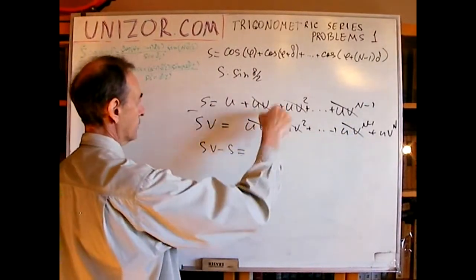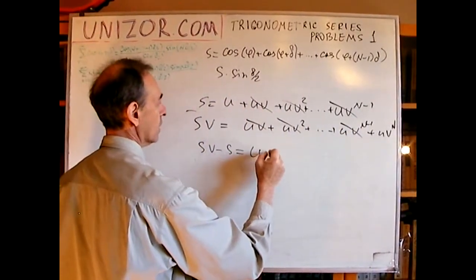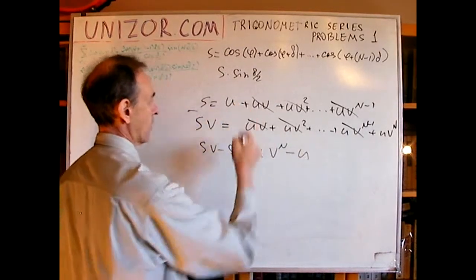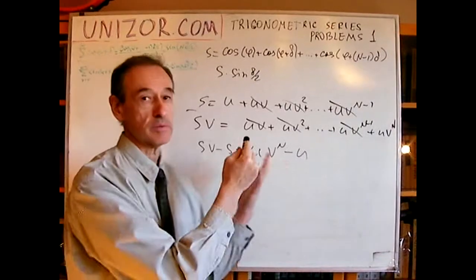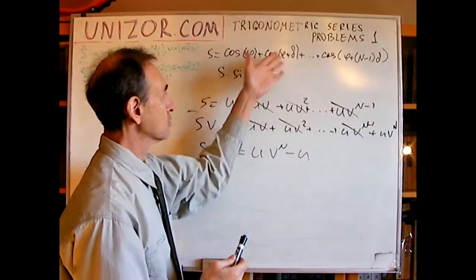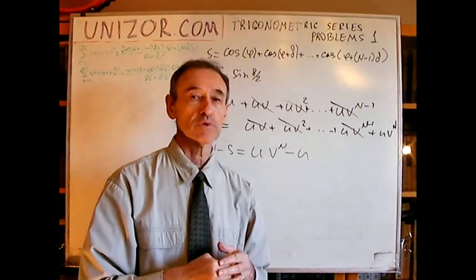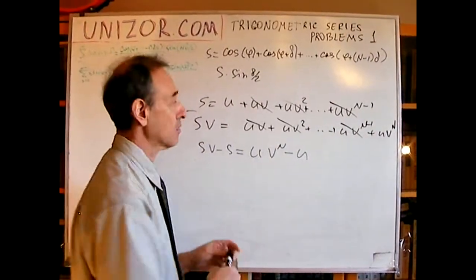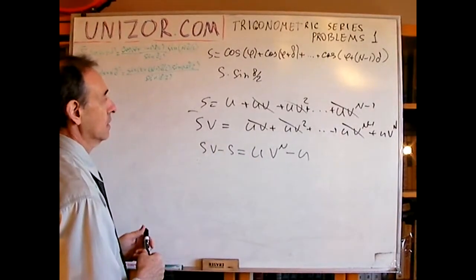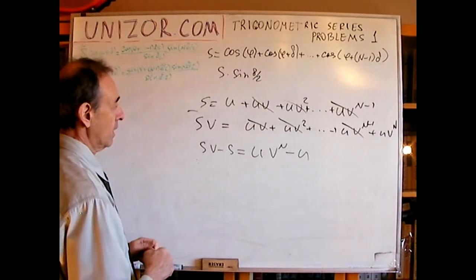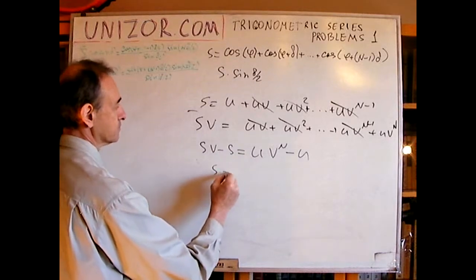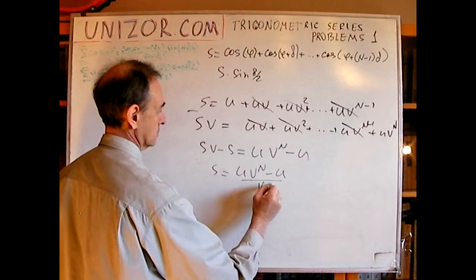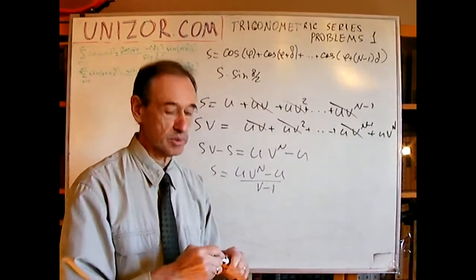Instead of this complicated thing, I have only uv to the n, the very last one, minus the first one, which is very similar to whatever we did. We were smart enough to multiply it by something which then would be reduced and would result in reduction of all the intermediate members, only the first and the last one will be remaining. And from here I will just resolve it. And that's the formula, actually, which some people do remember, but not me.